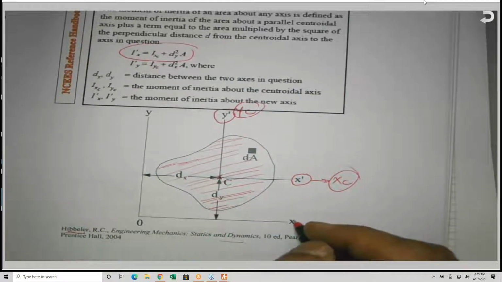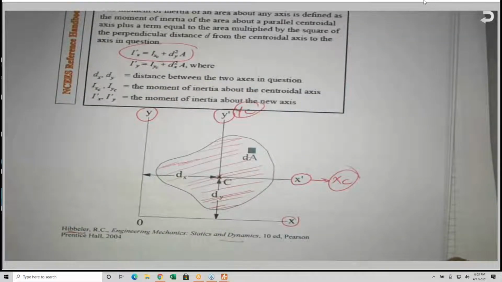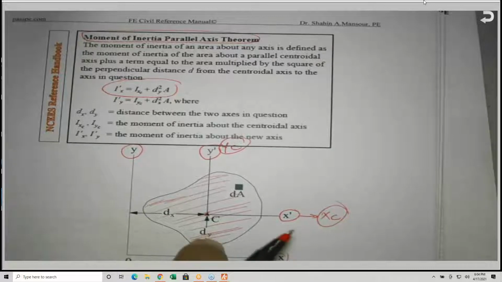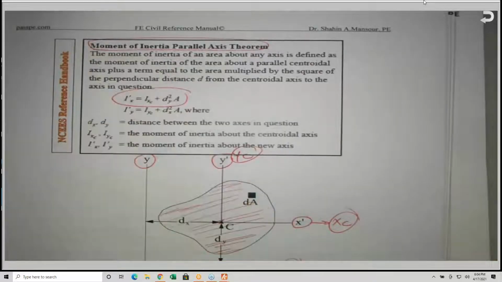If I need the moment of inertia about IX or IY, I don't know, this drawing, I see something, okay, it doesn't match the equation, but I will review it.